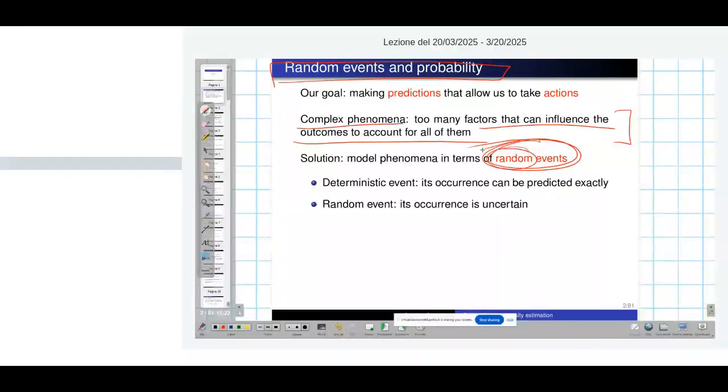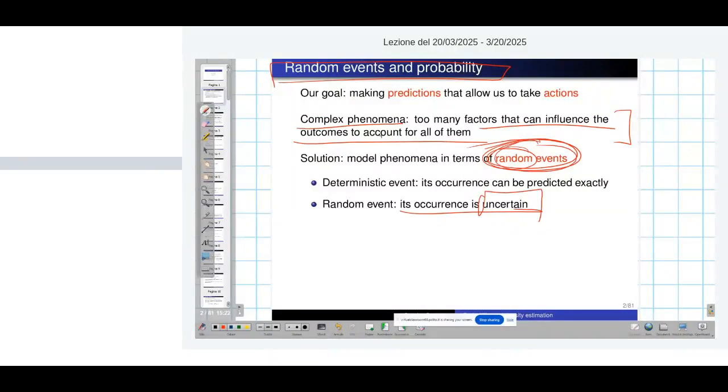We treat the weather as a random event, an event that may or may not happen, and the may or may not happen is not related to tomorrow's weather, at least in one interpretation, but essentially it quantifies the fact that we are not able to know with certainty what's going to happen. So the keyword here is uncertainty.